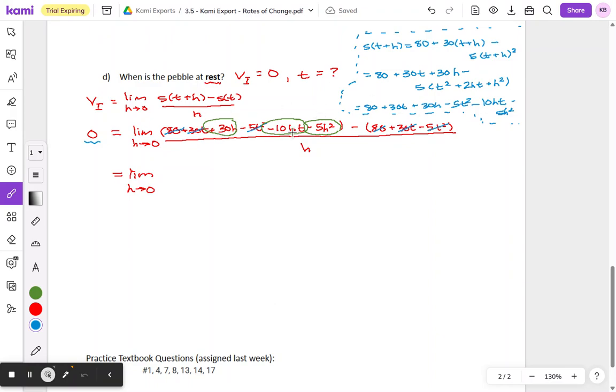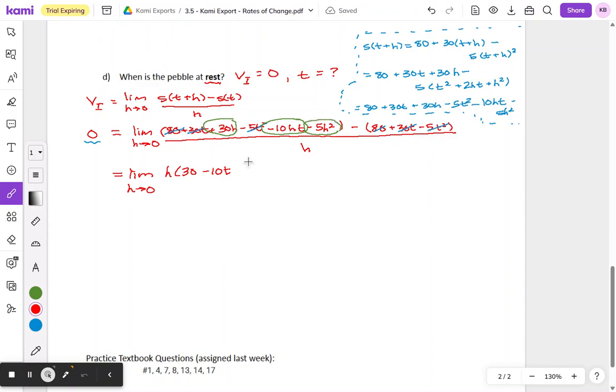We have 30h minus 10ht minus 5h squared. I am going to pull out my common factor of h at this point. So I'm going to have 30 minus 10t minus 5h.